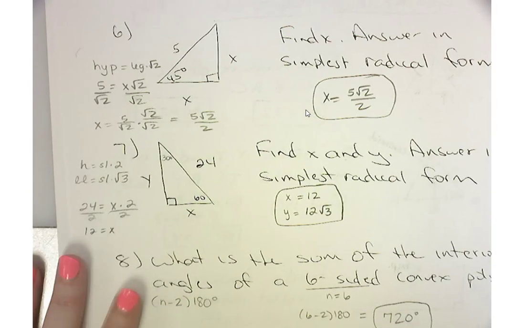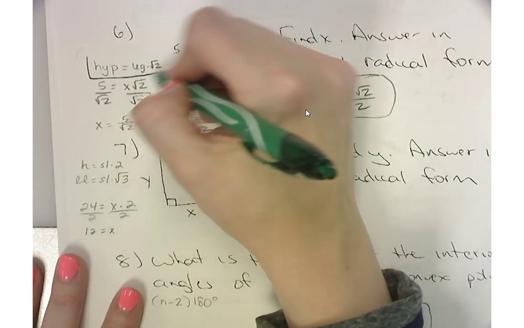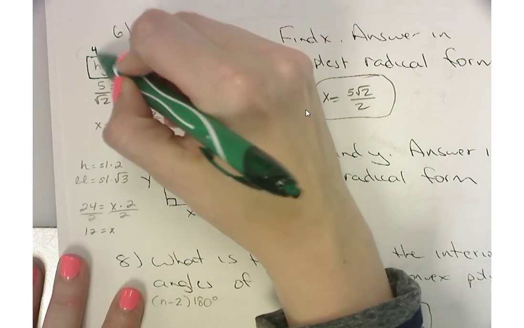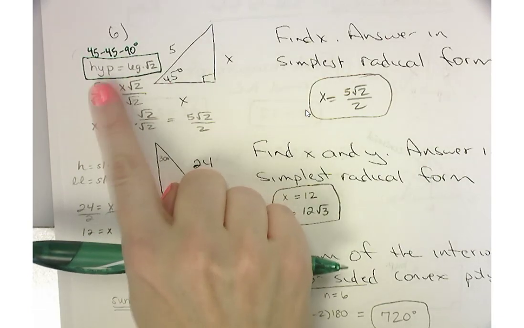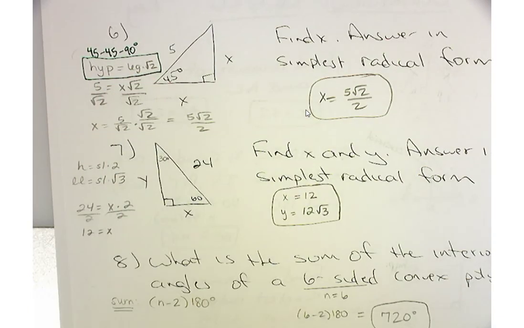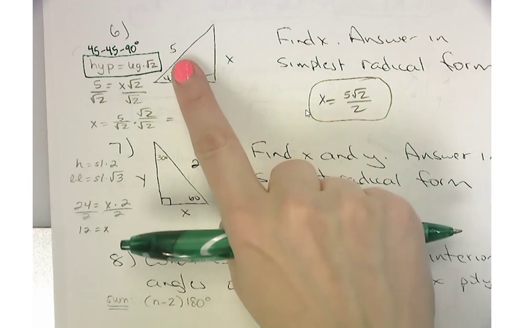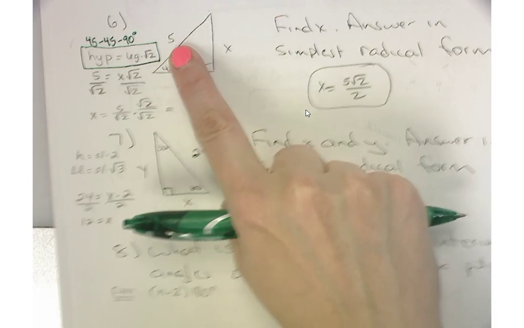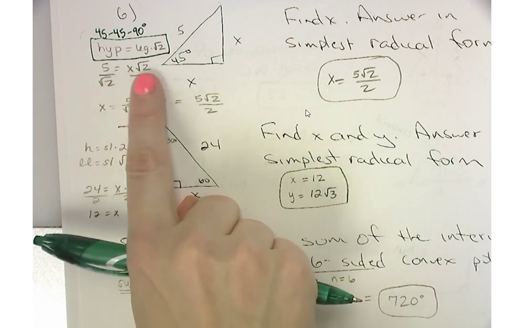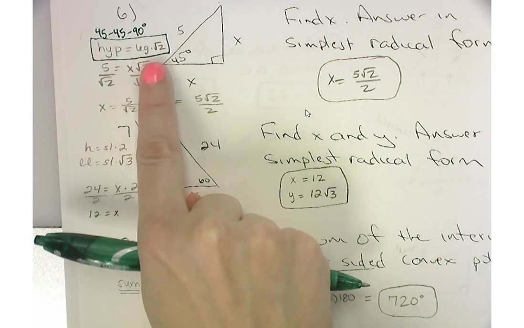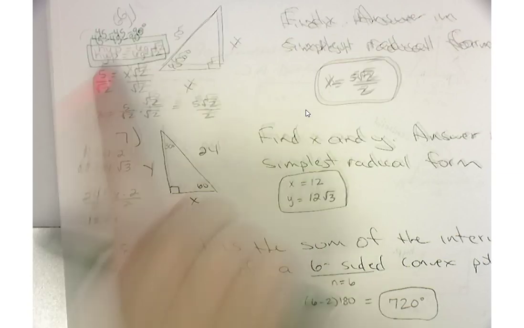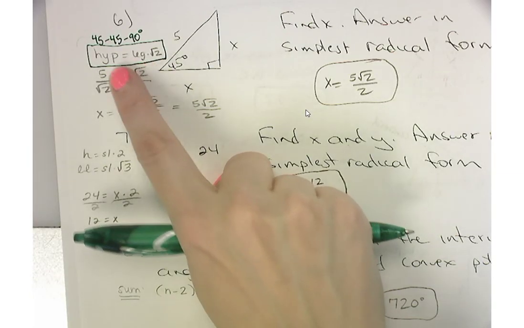If you want to write this out, if you're given the hypotenuse and you want to solve for the leg, you can just write this as the hypotenuse divided by the square root of 2 equals the leg. That would be fine. You just have to remember to rationalize, which means if you have the square root on the bottom, you can't leave it there, so you have to multiply the top and the bottom by the square root of 2. So on the top you have 5 root 2, on the bottom root 2 times root 2 is 2.